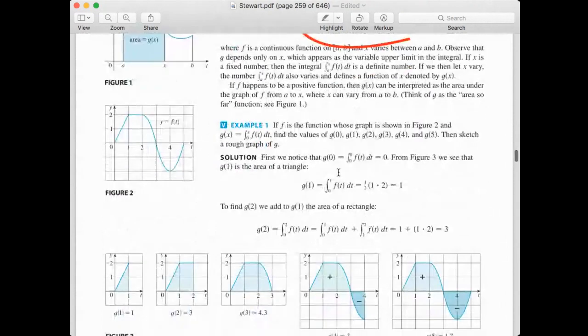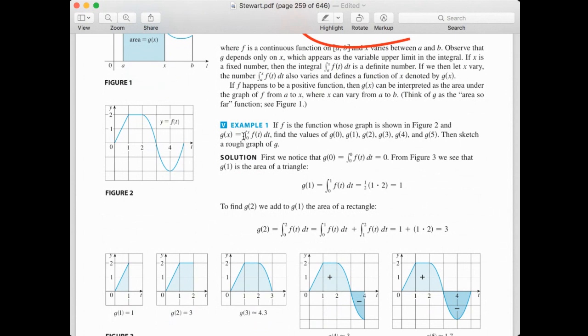Let's see example 1. If f is a function whose graph is shown here, and g of x equals this integral from 0 up to x. x can be 1, 2, 3, 4, right?